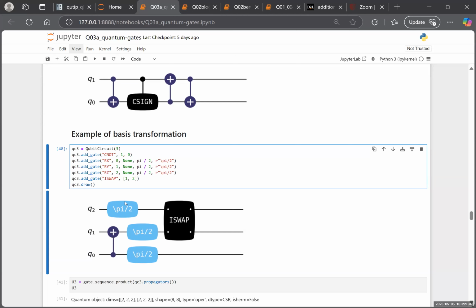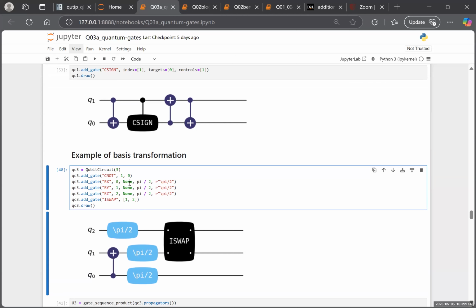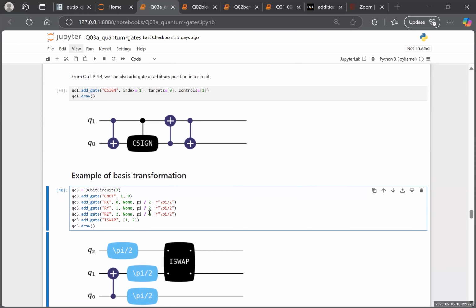Sorry, the other, yeah, I should go from bottom to up. The thing is that the gate name wasn't shown properly.